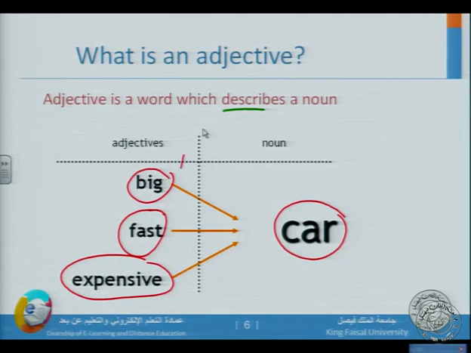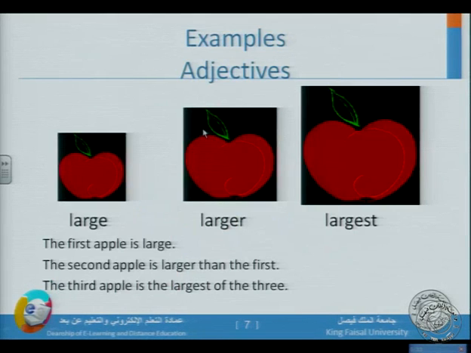As you can see, the adjective describes nouns, and it usually comes before the noun. Okay? So this is simply the definition of noun and of an adjective.